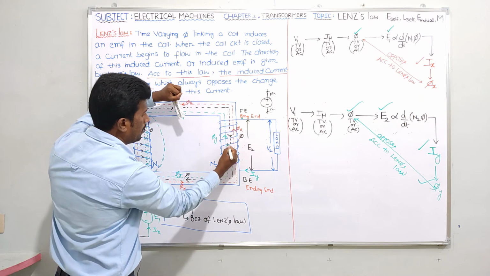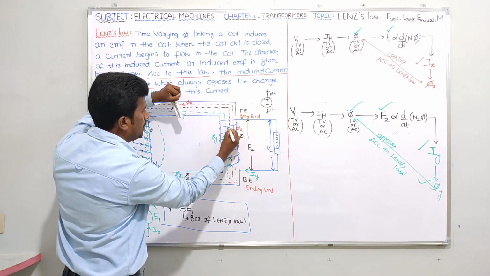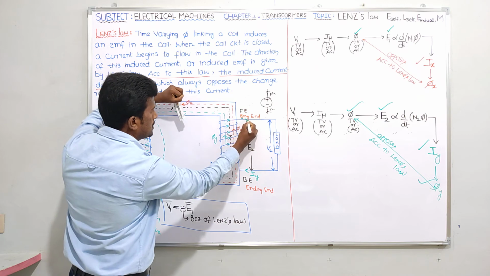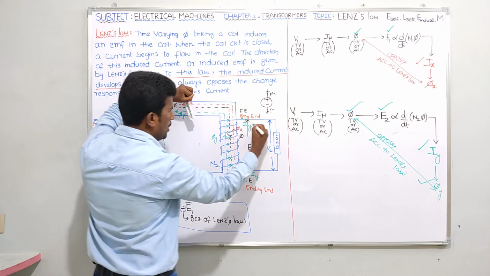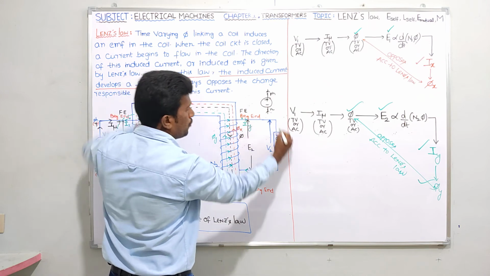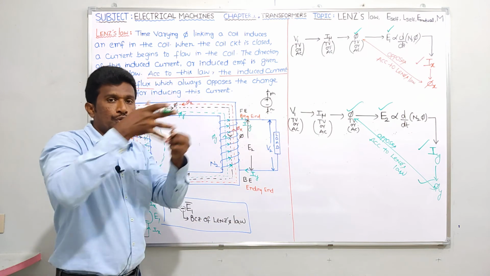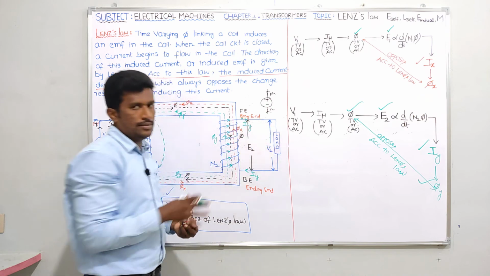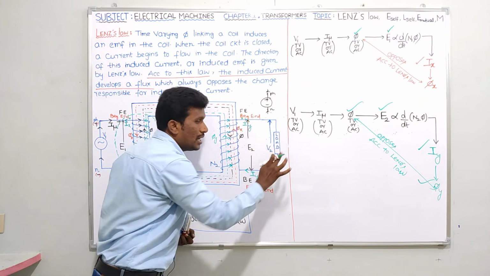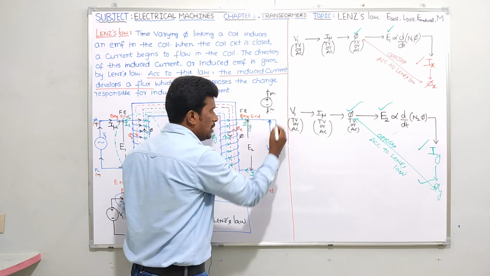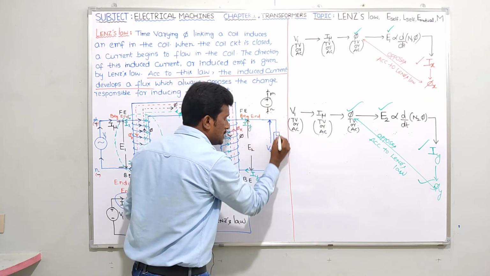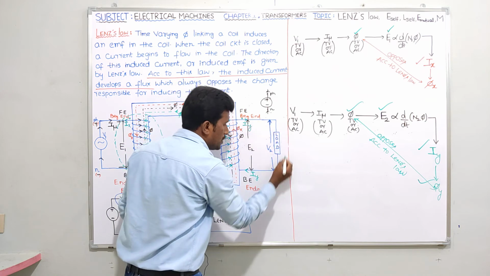This is the direction of IY. Everybody knows that current always flows from phase to neutral at the load. This is nothing but the load, not the source. So here IY is coming like this. That means current always flows from phase to neutral.